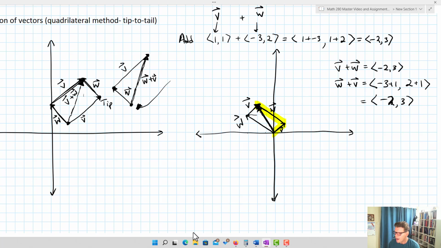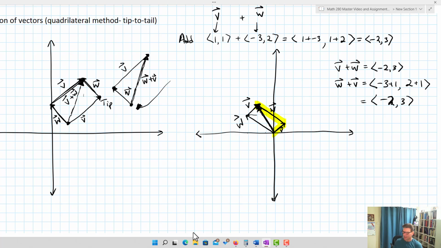No matter what order you write it in, you're going to end up with the exact same vector. When we're dealing with standard position vectors, the addition of vectors is commutative. If we're using vectors out in space, unanchored to the origin, you have to determine which vector you're going to start with, and then add your new vector tip to tail. It's going to give you a different position, but the vector is going to be equivalent.